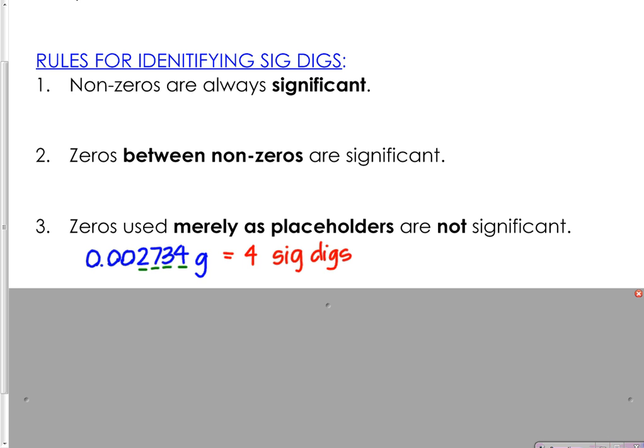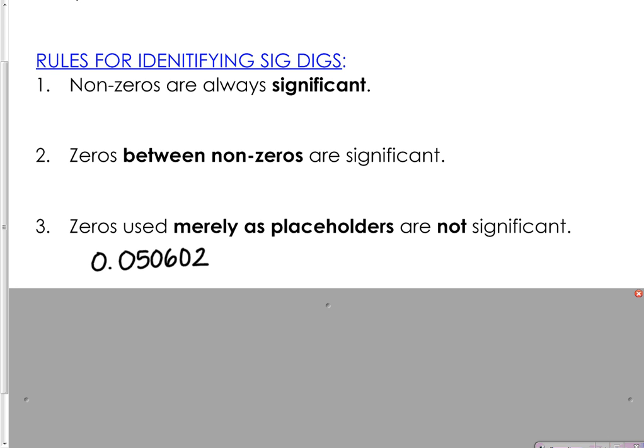Okay, so number 3 to me refers to leading zeros of decimal numbers. They never count. Now, what if I were to incorporate some of these other rules? Let's do something like this. What if I have 0.050602? How many digits in that number are significant? See if you can get it on your own, but if you can't, you can listen and follow along.